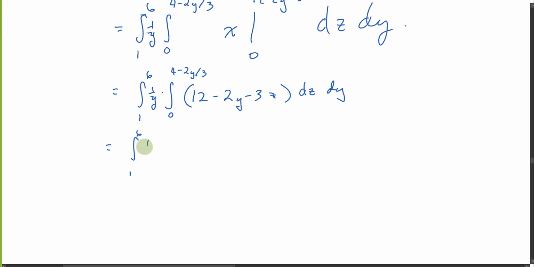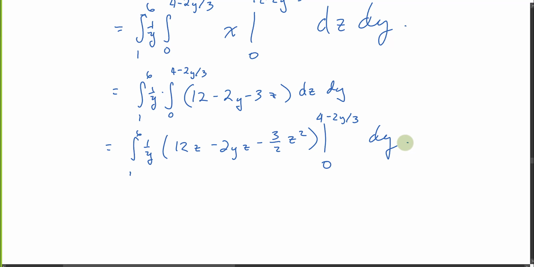Integrating this function with respect to z gives me 12z minus 2yz minus 3 halves z squared, and I'm going to evaluate that from z equals 0 to z equals 4 minus 2y over 3, and then the last integral would be with respect to y.